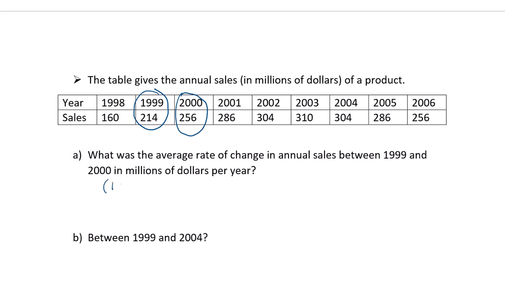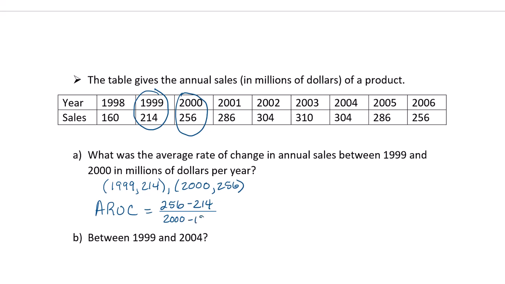We've got 1999, 214. We have 2000, 256. And our average rate of change is going to be 256 minus 214 over 2000 minus 1999.